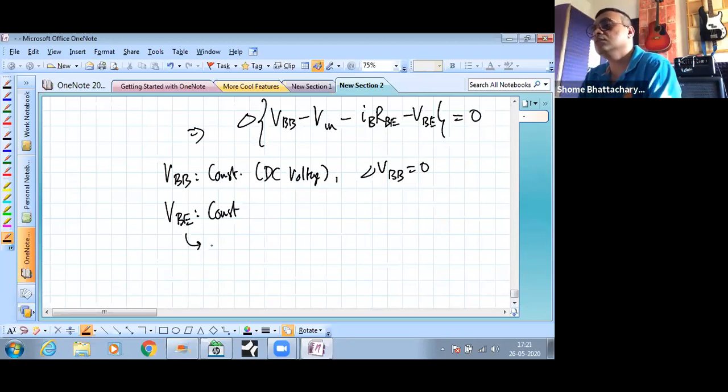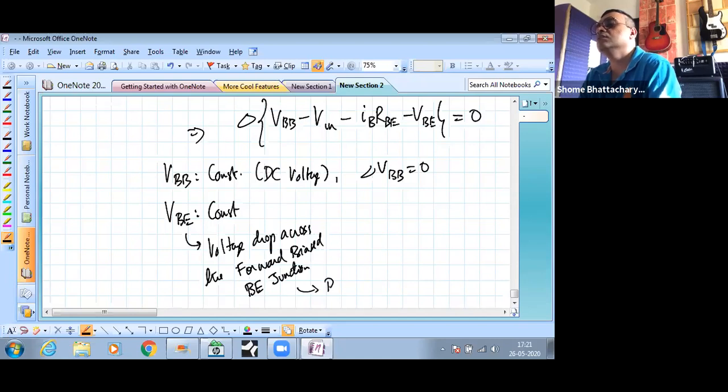So this is the voltage drop across the forward biased base emitter junction, and this does not vary with time, as long as the biasing is maintained.